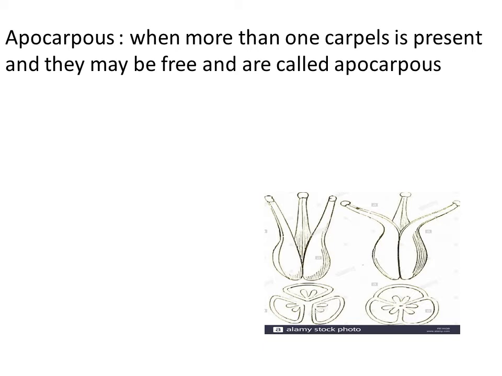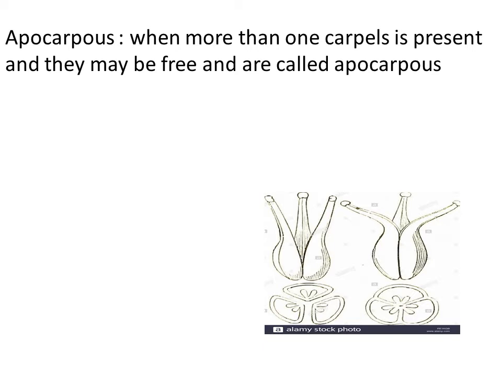I will repeat once again, apocarpous is one of the conditions of gynoecium. When we call a flower apocarpous, that flower should consist of more than one carpel, and all the carpels should be present freely in the flower. For example, if 3 carpels are present in the flower, all 3 carpels are free. That means there is no connection between the carpels of a flower.